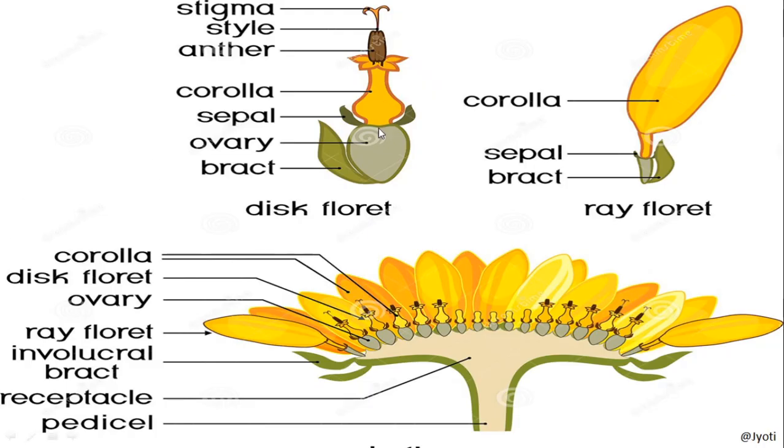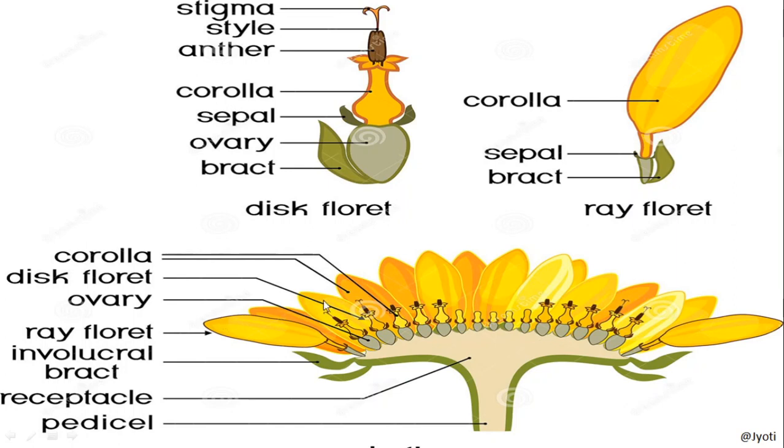So let me explain with the help of a diagram. Here you can see this is the peduncle. The peduncle is reduced into a flattened broad structure on which the flowers are there.